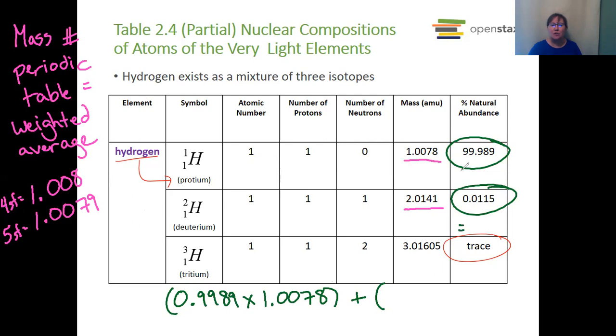This becomes, when we turn this, so we went from a percent to a decimal, this will become 0.000115. 0.000115 times 2.0141.